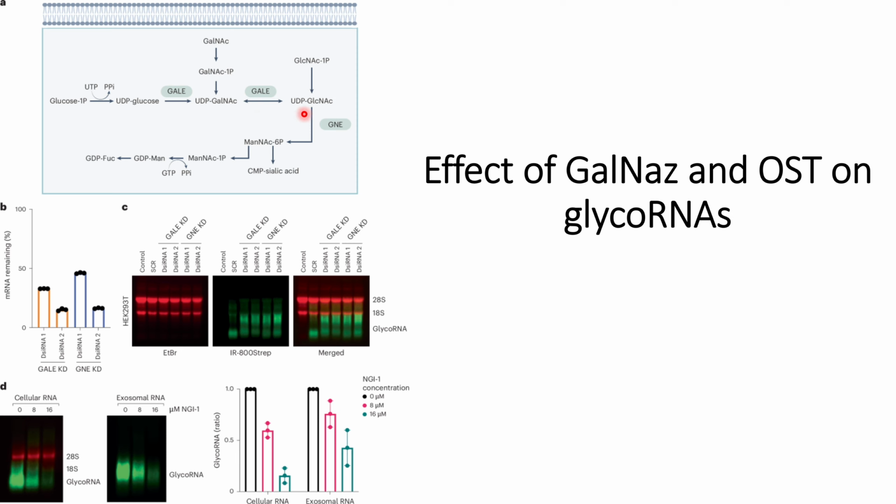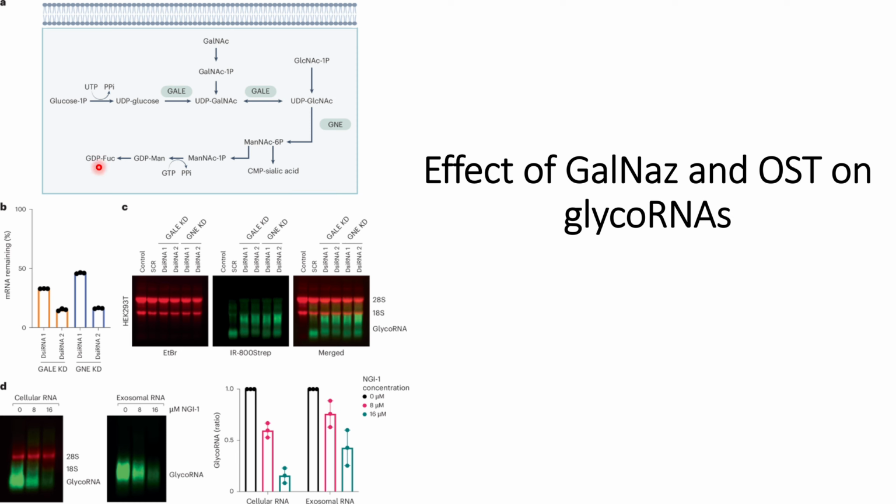After that, UDP GlcNAc can form ManNAc 6-phosphate using GNE, and this can either go to CMP sialic acid or lead to GDP fucose formation.